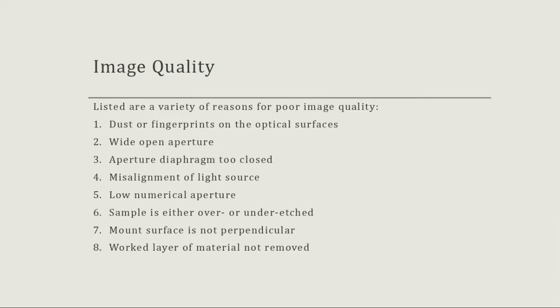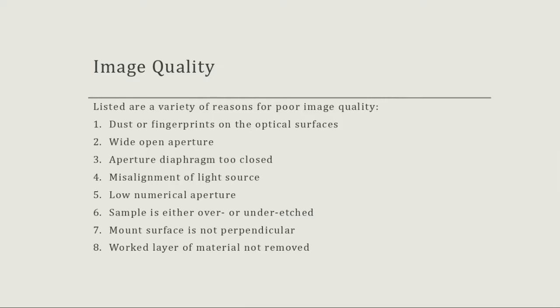A misalignment of the light source is another image quality issue. You'll have some areas that will look brighter than others. Typically, you'll have a bright corner versus a dark corner, and it's because the light is not aligned correctly.